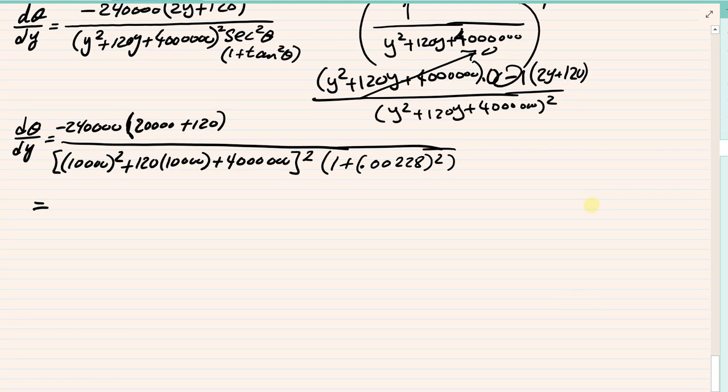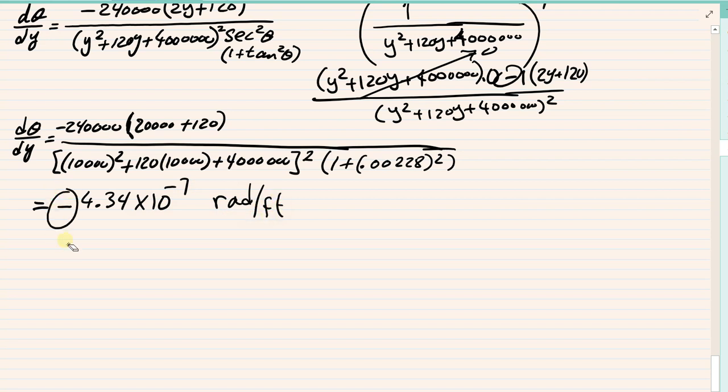But that looks good. So now I'm going to calculate this, and you're going to get really huge numbers in the denominator. All said and done, what I got as a result is negative 4.34 times 10 to negative 7 for this. And this is going to be radians per foot.